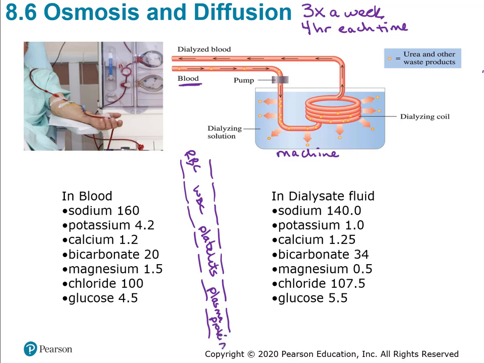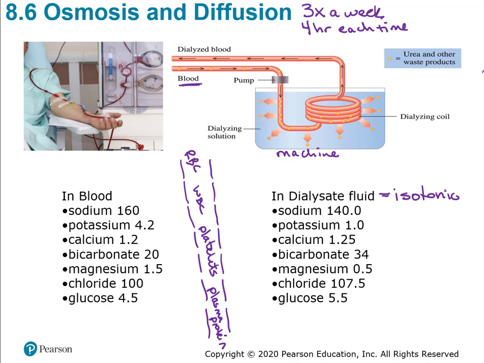Surrounding this tube is dialyzing solution, or dialysate, as they call it. Dialysate is isotonic. Iso means equal, right? So surrounding this tubing is equal salt, water, and nutrients. So what ends up happening? How do diffusion and osmosis work then? In the blood, what's going to be high in concentration?